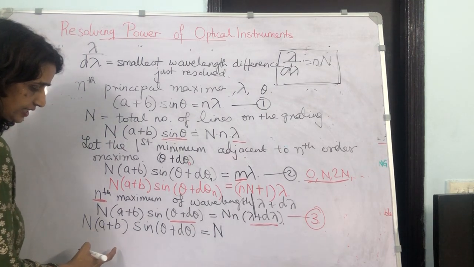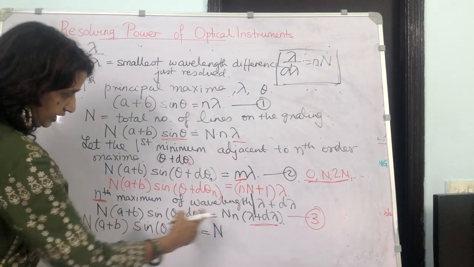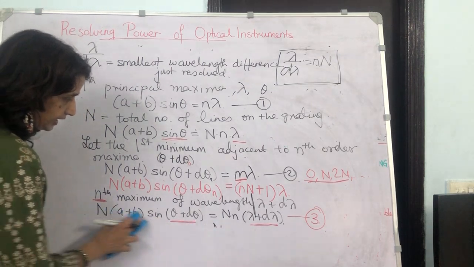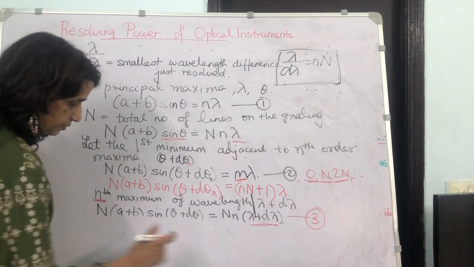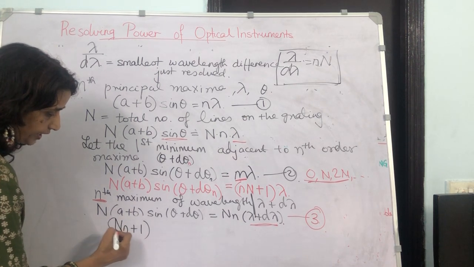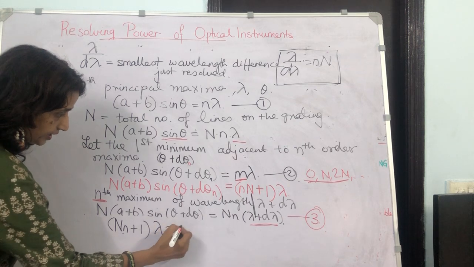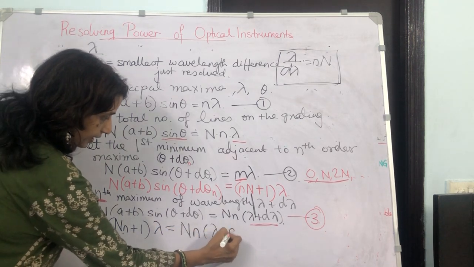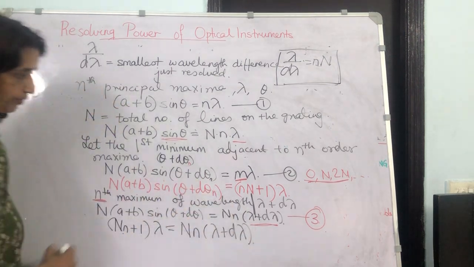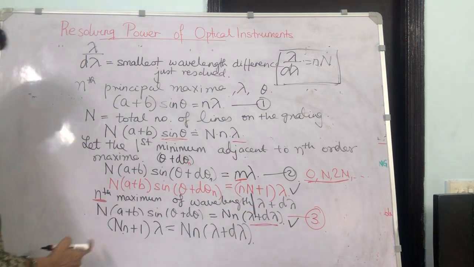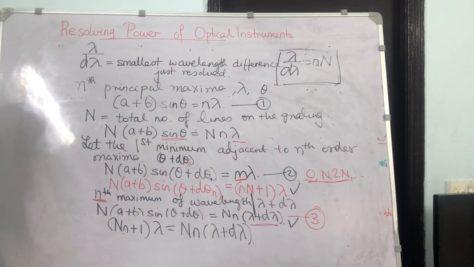Let us equate them, it will become easy. We are equating the two expressions. So we are getting n into N plus 1 lambda is equal to n into N lambda plus d lambda. What have we done? We have equated this with this. So we get this expression, right?